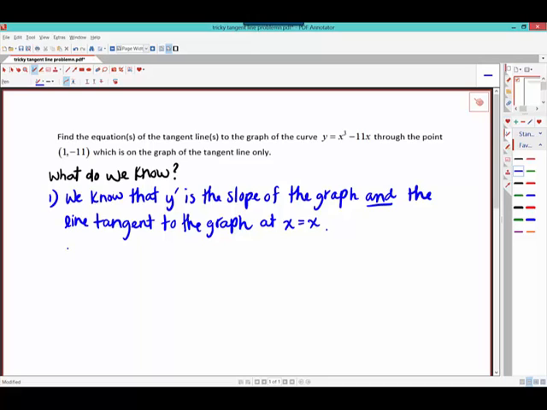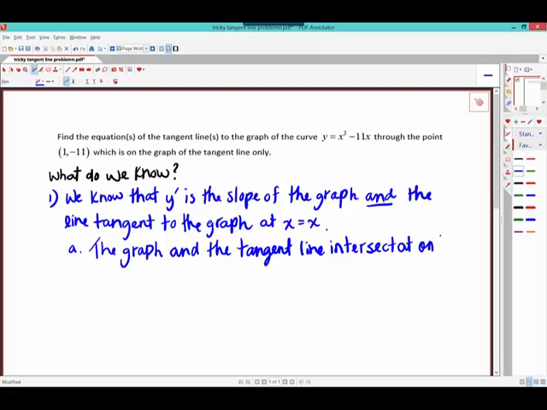So the graph and the tangent line intersect at one point, or at least one point. Good so far? Great.